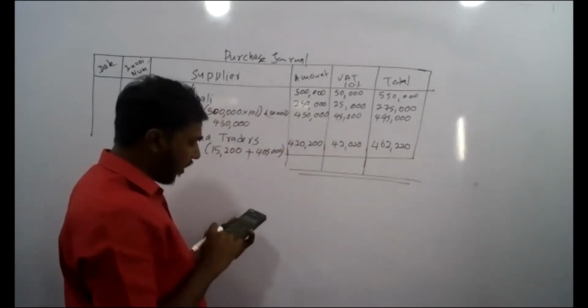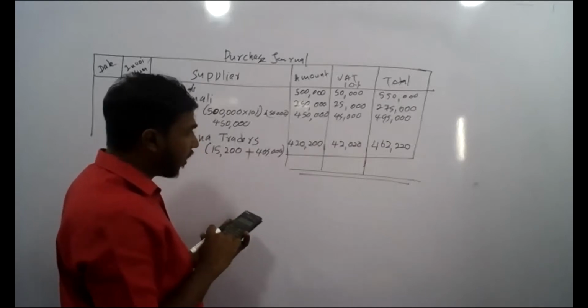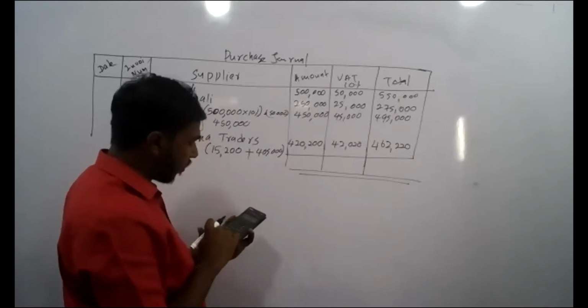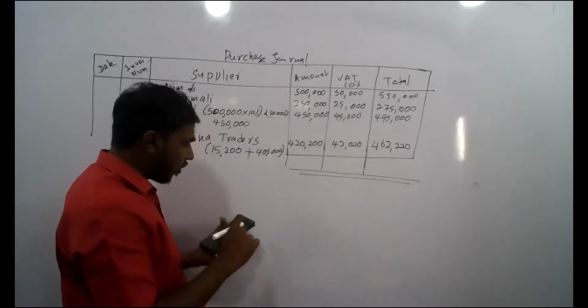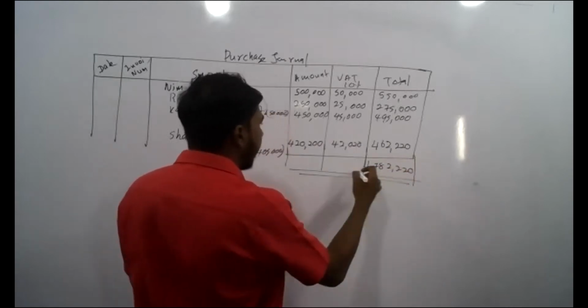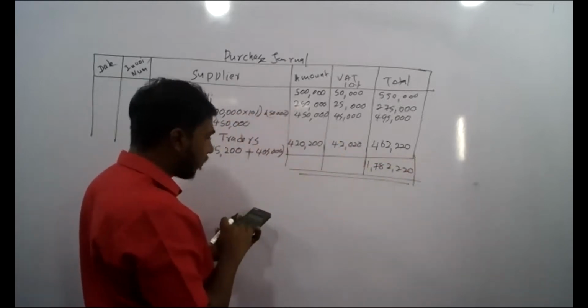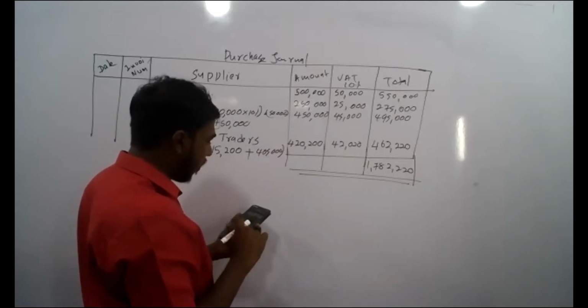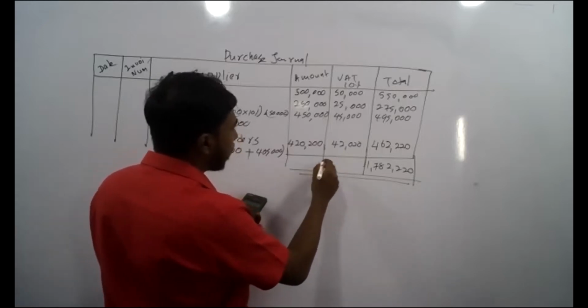And then the calculation. Then you take the amounts, 220, then you add these. How much is this?